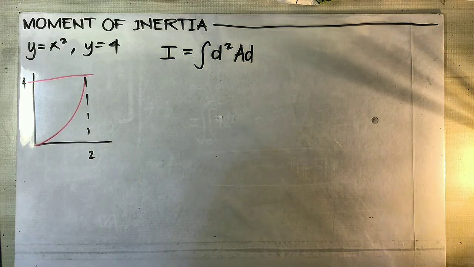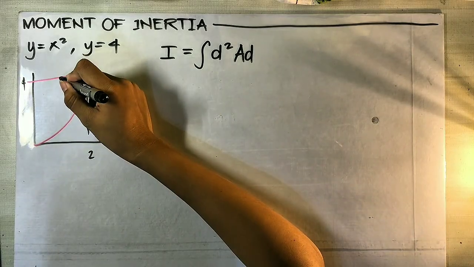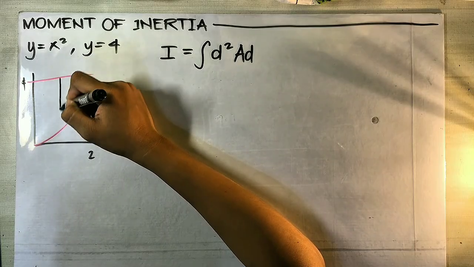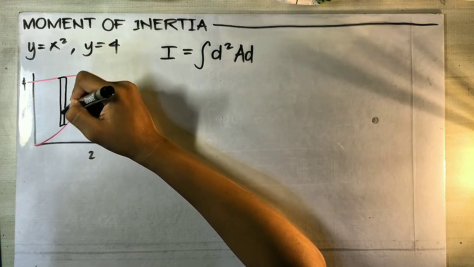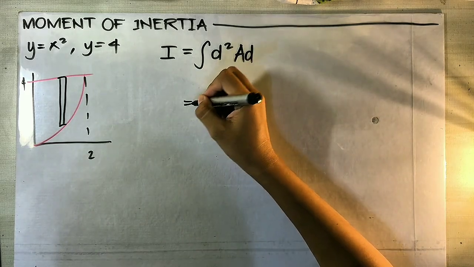So the values are just the same with the centroid topic. D is the distance from the axis to the center. If we put a strip, so this is dx. We put a strip, so let's put this up.